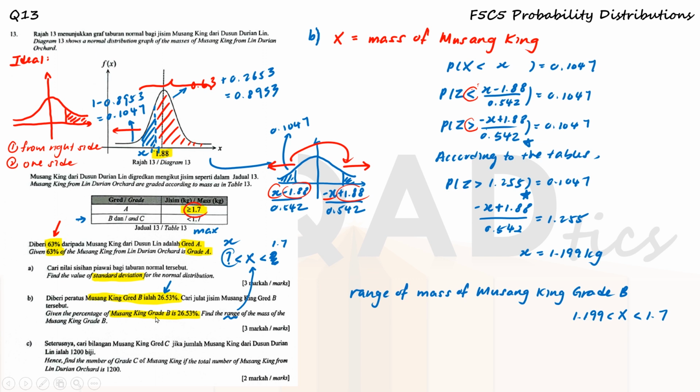For part C, hence means that we need to use the answers from A and B to help us find the number of grade C durians if the total number is 1200.